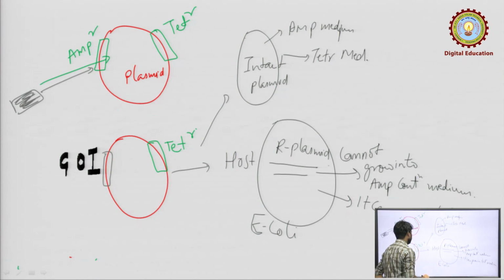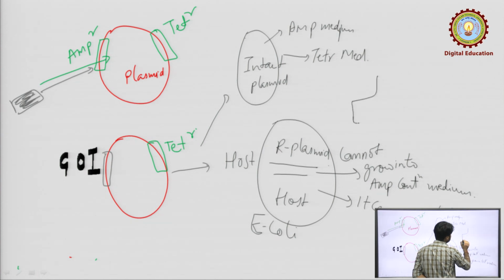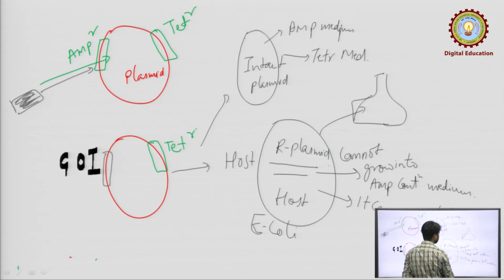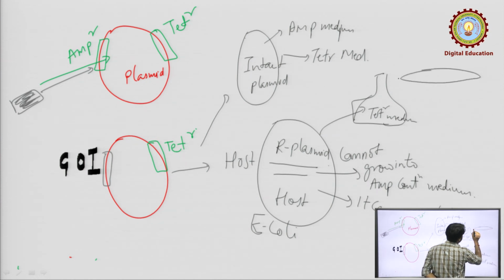So what we will do, we will put our host cells into the medium containing tetracycline, and we will plate these onto our Petri plates.